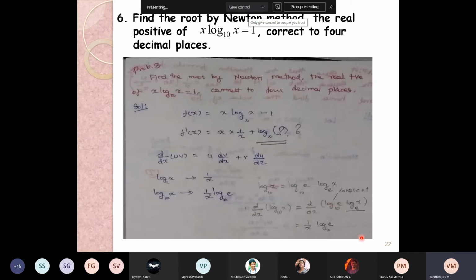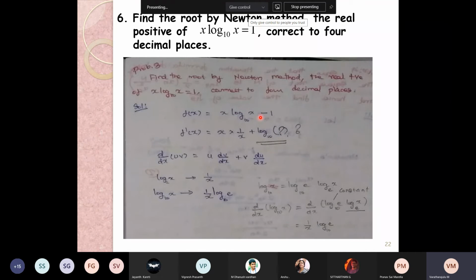In the same way, log base 10 e is a constant, so keep it as it is. In a later stage, we'll find the value of log base 10 e. Differentiating log base e x gives 1 by x. So 1 by x log base 10 e is the formula for the differentiation of log base 10 x.